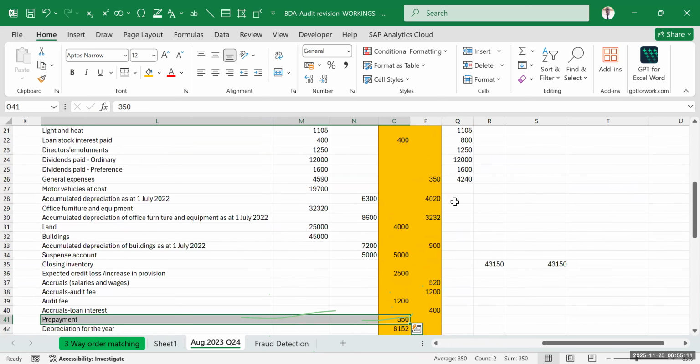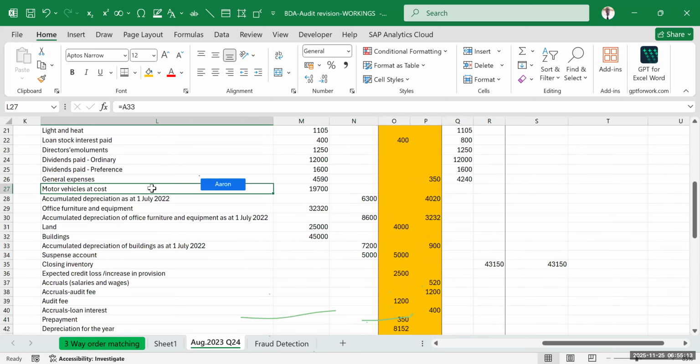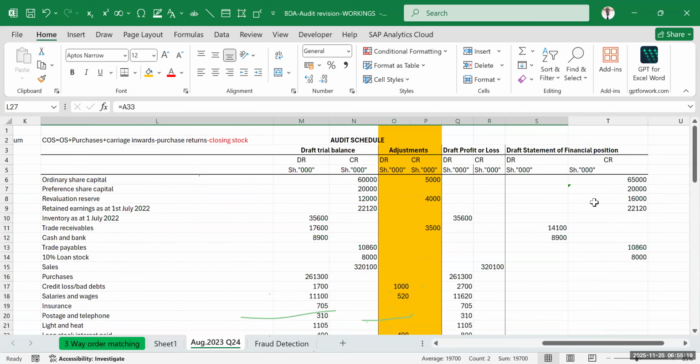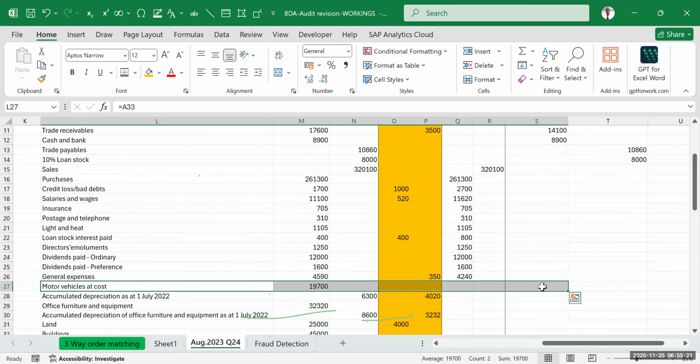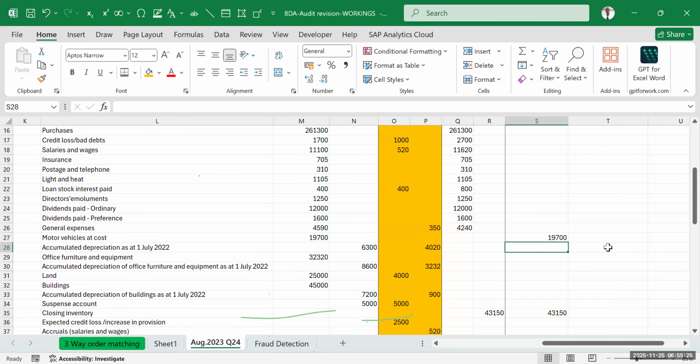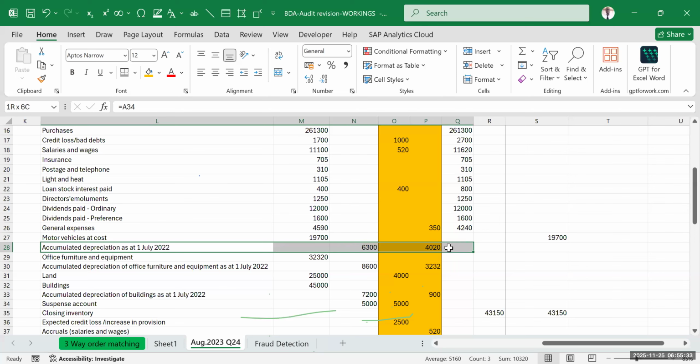You remember that. Then we look at motor vehicles. This is an asset, so it will go to the asset side and it is debited. And remember, it has accumulated depreciation. Normally in the balance sheet, we put the asset's value at net book value. So we just post the entries the way they should.